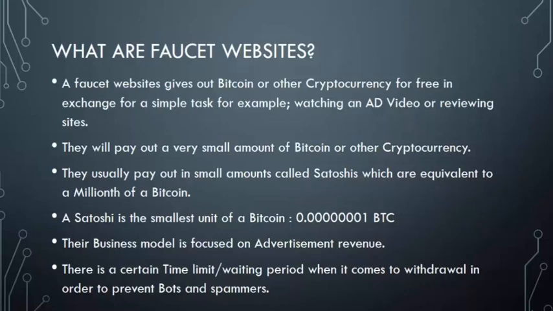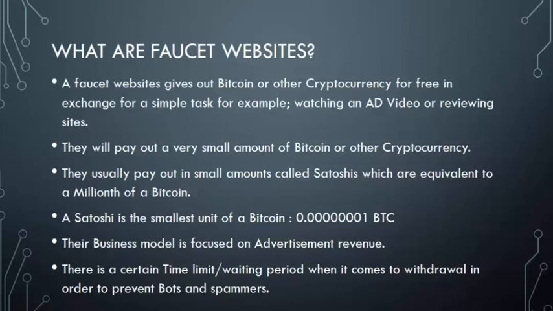That's their current business model. So in essence, a faucet website is a website that will give you Bitcoin in exchange for performing simple tasks like watching a video ad, as I've just mentioned, and other stuff related to computing and browsing.